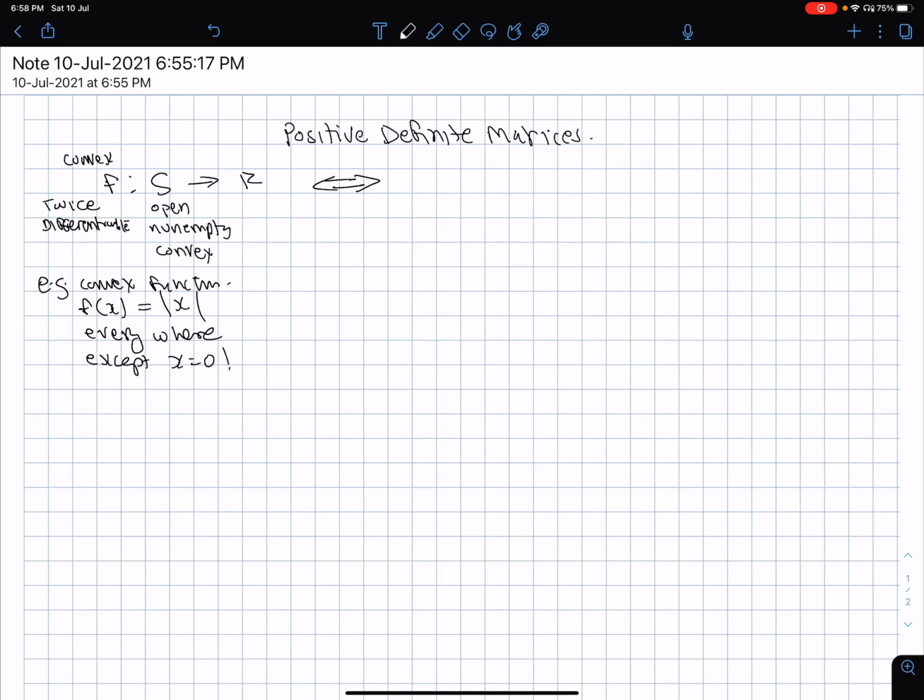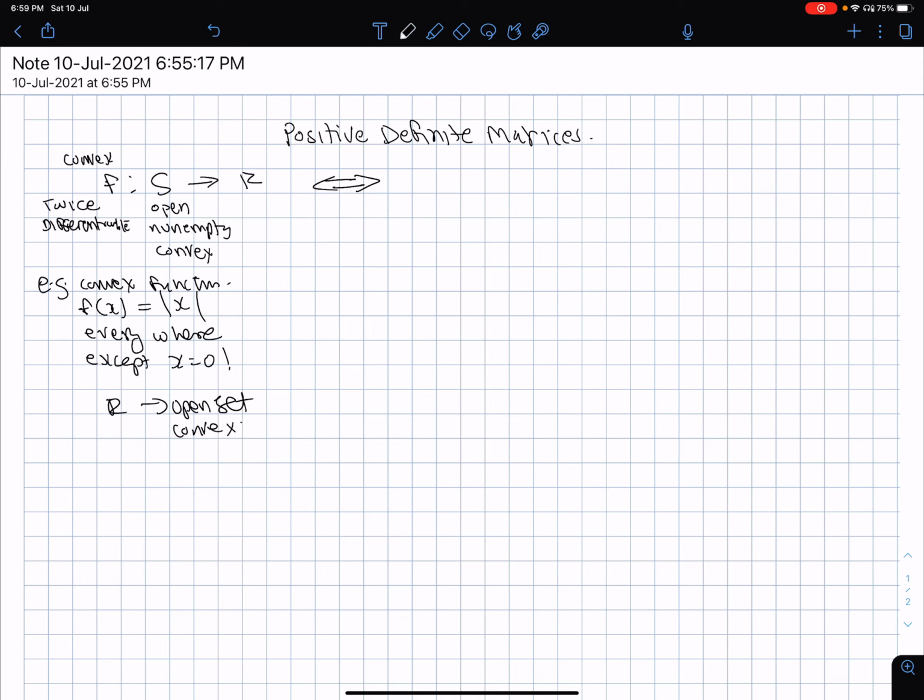And of course, the real line is an open set and it is convex. So everything about this theorem is true here, but the only thing is, it cannot be applied at x equal to 0, because at x equal to 0 the function is not twice differentiable. Everywhere else, the second derivative is 0.